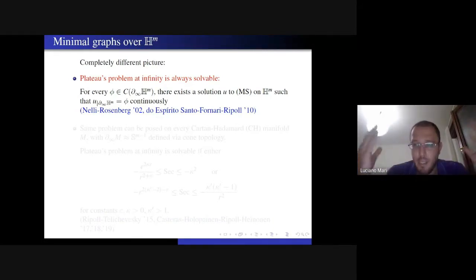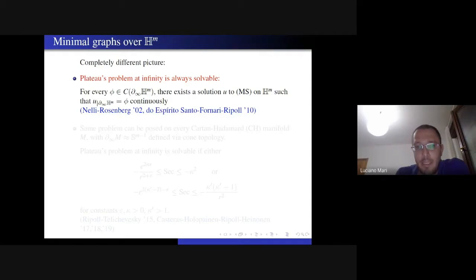So the ambient space is H^m cross R, such that the boundary value is attained continuously in a suitable topology. And this is due to Nelli and Rosenberg, and to Espírito-Santo, Fornari and Ripoll in higher dimension, Nelli and Rosenberg in dimension 2. And it's quite recent.